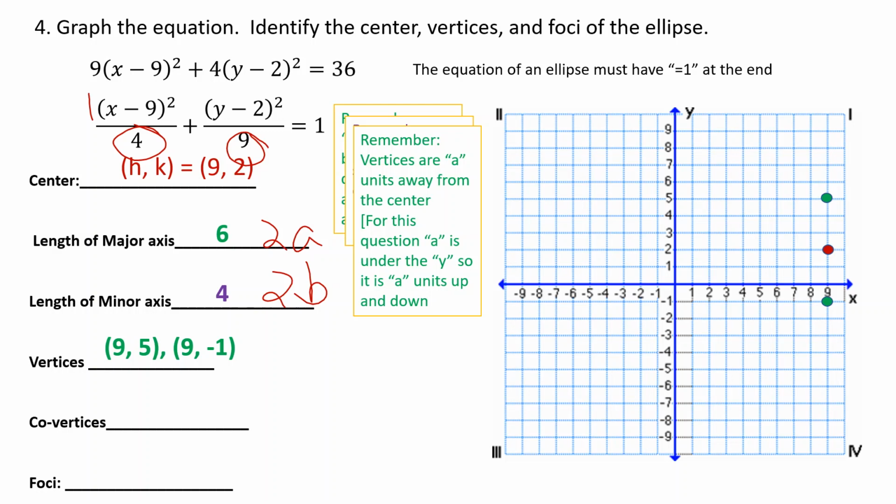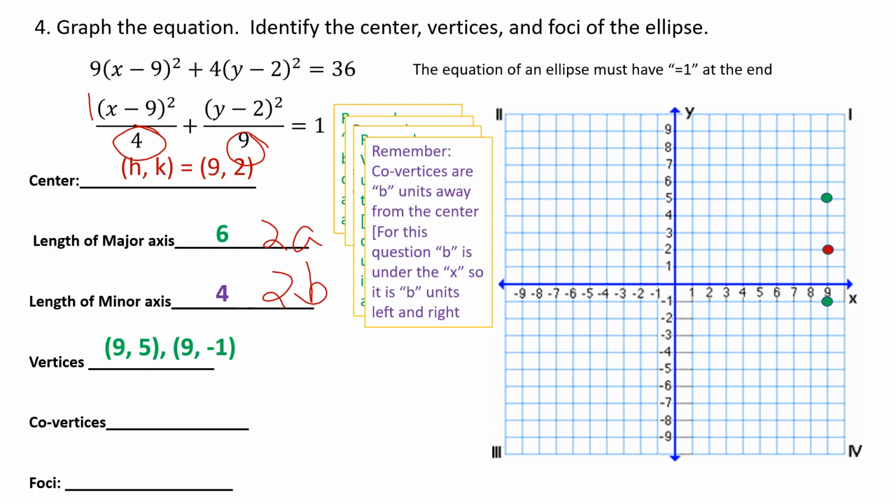Now, to find the coordinates of the co-vertices, you're going to count from the center b units to the left and b units to the right. Since b is 2, you count from the center 2 units here and 2 units here, and I put the co-vertices.